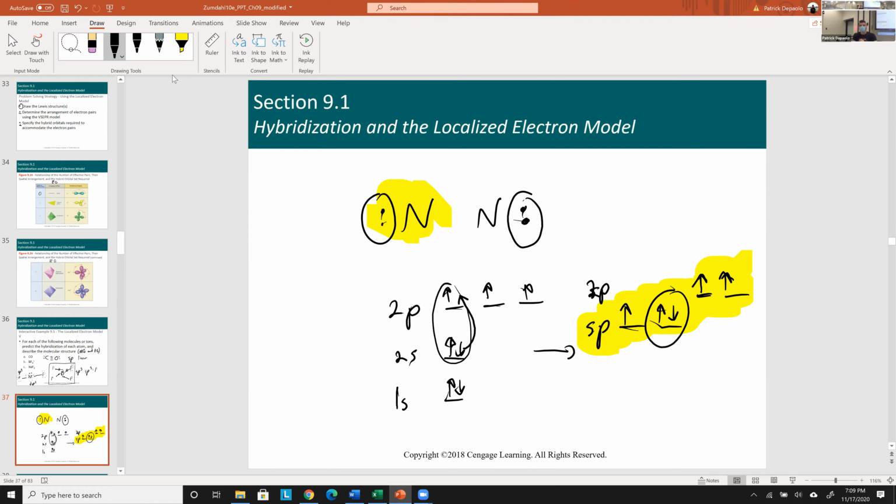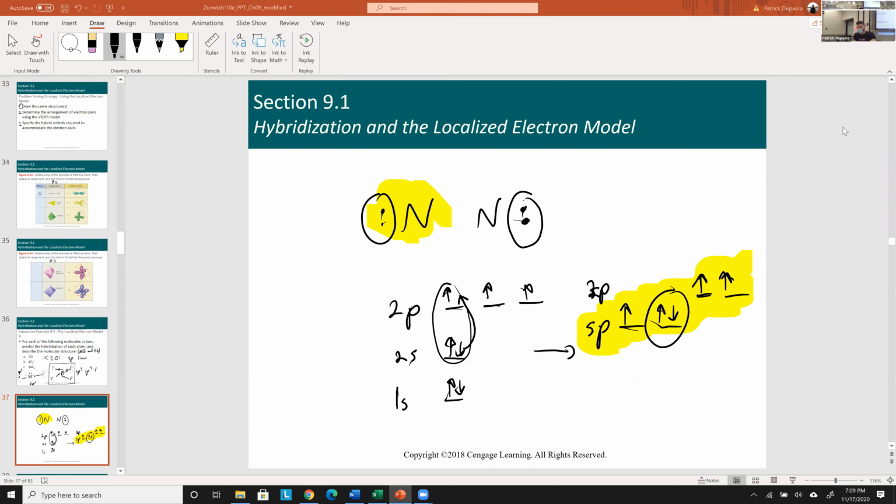It has 5 valence electrons, so that makes perfect sense, right? 5. So it needs 3, because it needs 3 to get to 8. Okay. So now, why do we care about this?